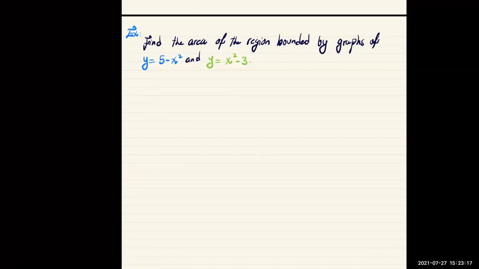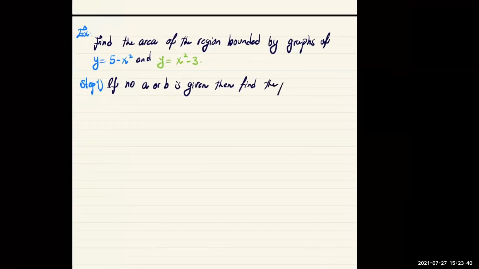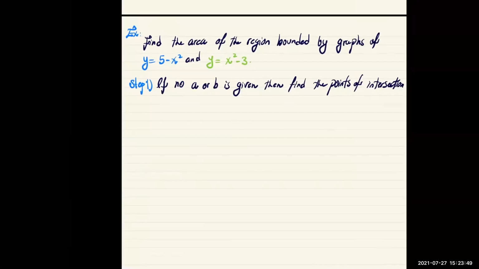So, step one: if no a or b is given, these are the endpoints, then find the points of intersection of the two curves by just setting the functions equal.